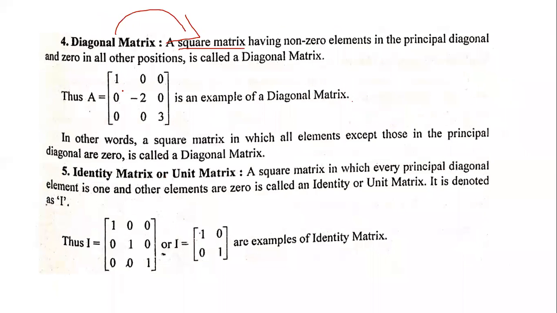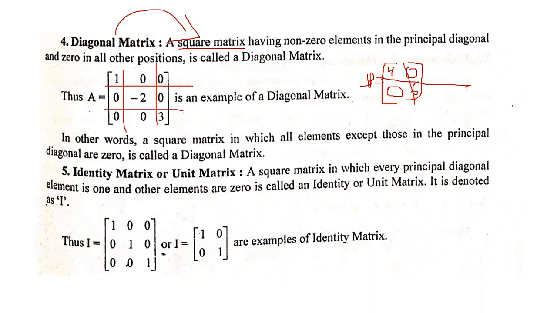If you see the example here, you have 3 rows and 3 columns. Or you can also have a diagonal matrix with 2 rows and 2 columns, something like this. Let's say 4, 0, 0 and 6. This is also a diagonal matrix. Here you have 2 rows and 2 columns.